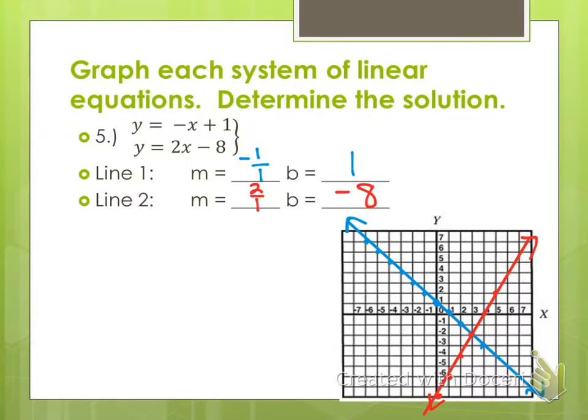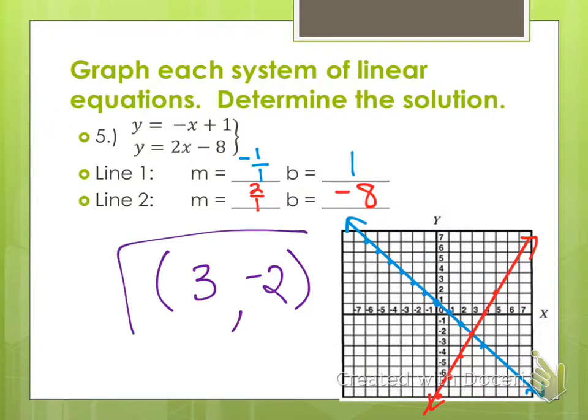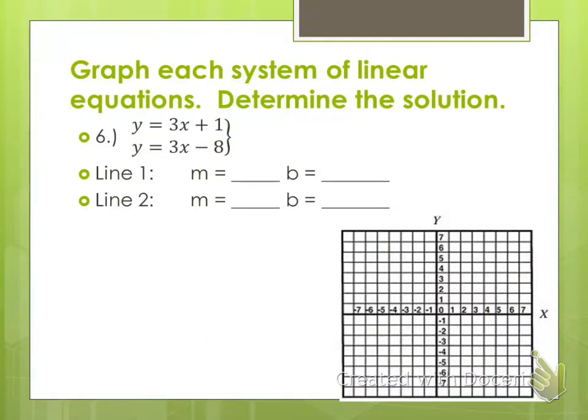Who can identify where those two lines intersected each other? Keon? 3, -2, I would agree. So 3, -2 is our solution. All right, on number 6, we need M and B for both of these lines. Who can help me out with line 1?